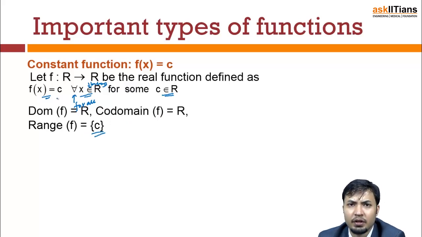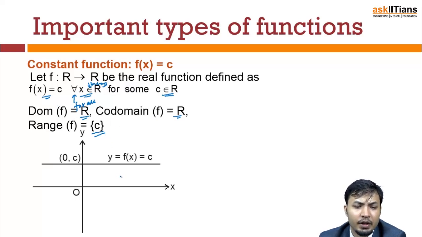Basically for this function, for any variable that is given, I'll get a constant, unique value, and it will remain the same throughout any input that I feed in. So then my domain, my codomain and my range change.